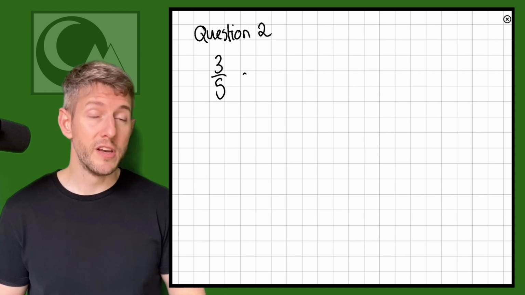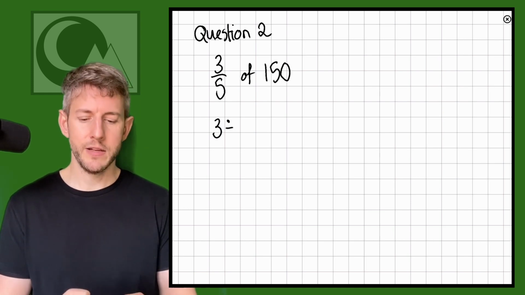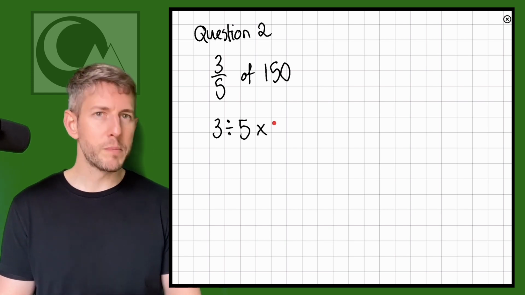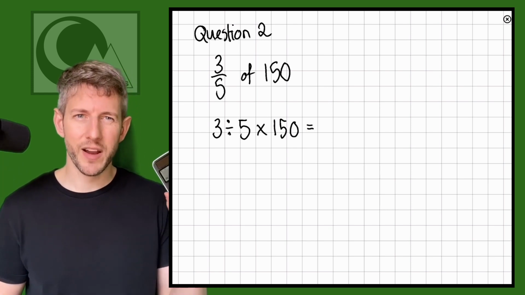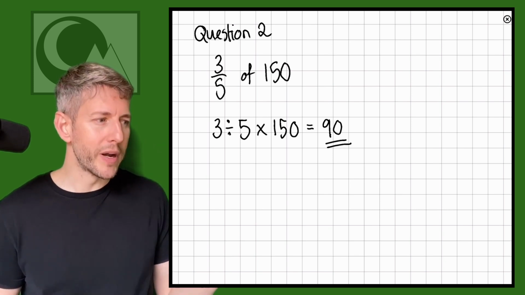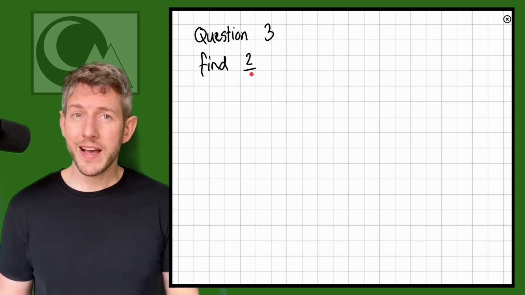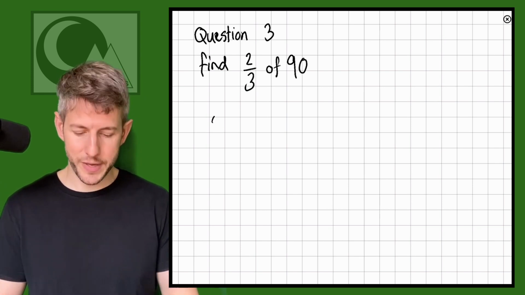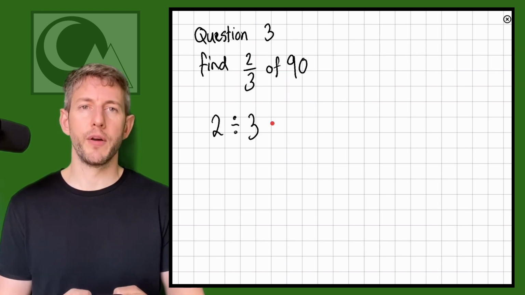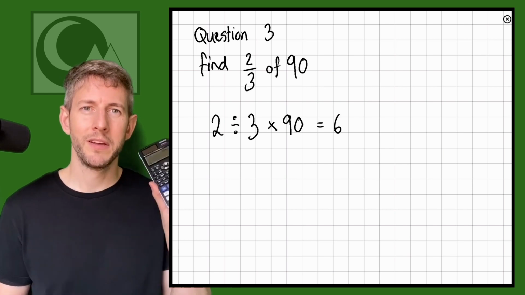For question 2, 3/5 of 150, we do 3 divided by 5 multiplied by the amount, 150. And there we go, that's 90. This is all about remembering that the fraction sign means divide. Lastly, we've got 2/3 of 90, so that is 2 divided by 3 multiplied by 90 equals 60.